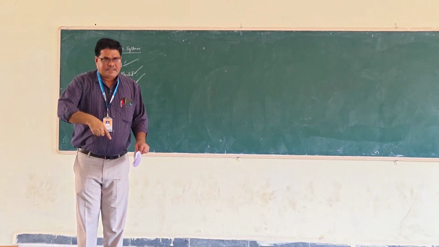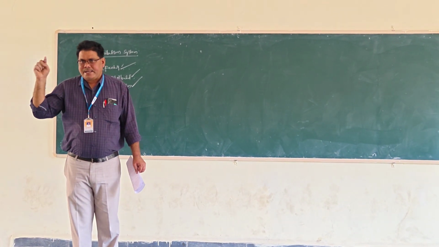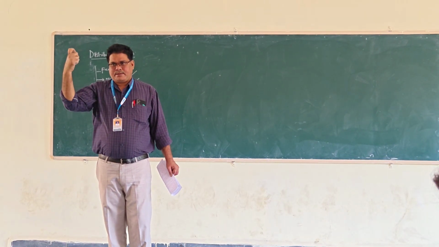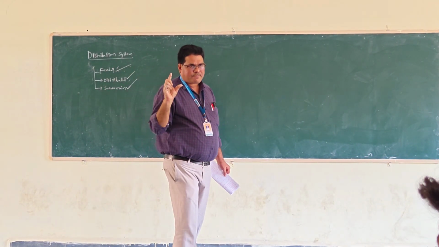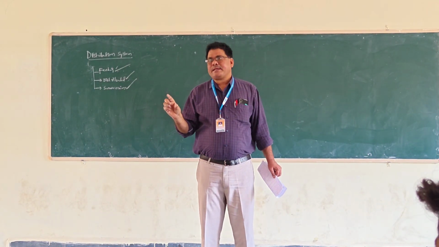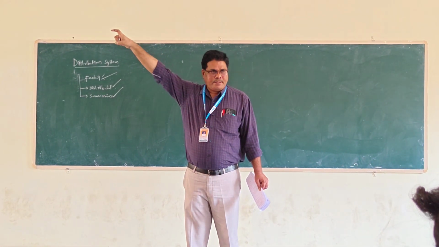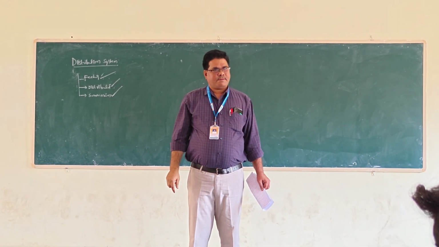In each gully one line is connected, and in each house a service wire is connected. The service wire or service main is a cable connected from the tower to the house.